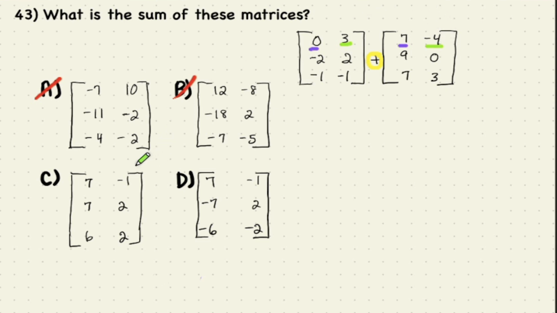So we still don't know whether it's C or D. Let's move on. Now we have negative 2 plus positive 9. So negative 2 plus 9 is positive 7. So here we have our answer, which is answer choice C.